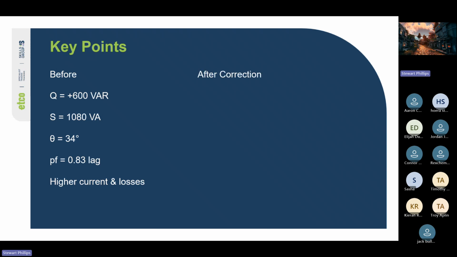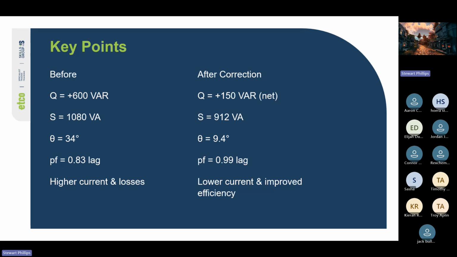After the correction, we had 150 VAR net, an apparent power of 912 VA, an angle of 9.4 degrees, so a small angle, a 0.99 lagging power factor, and we have lowered our current and improved our efficiency. So this is why we add capacitors to correct power factor, because it means we get reduced energy bills.